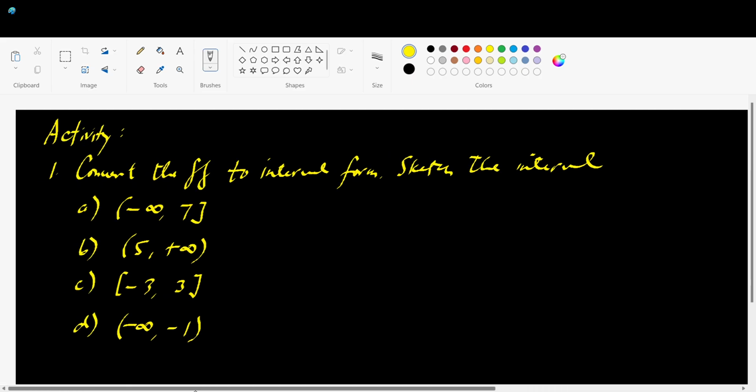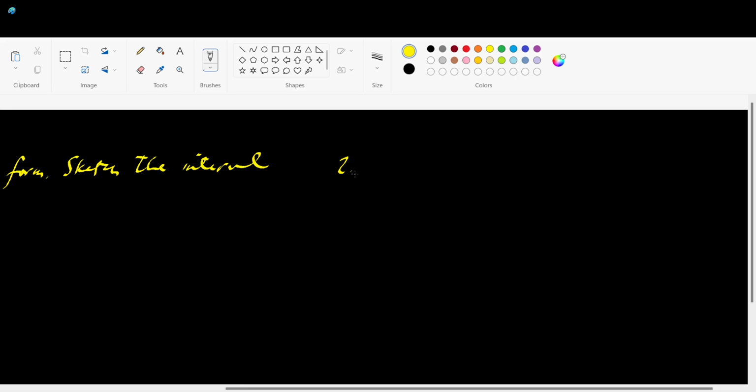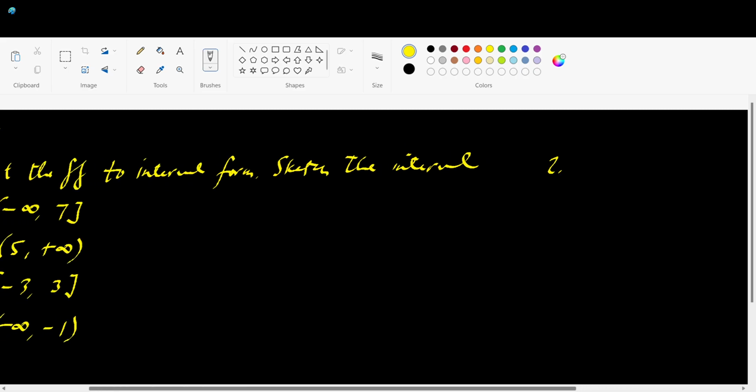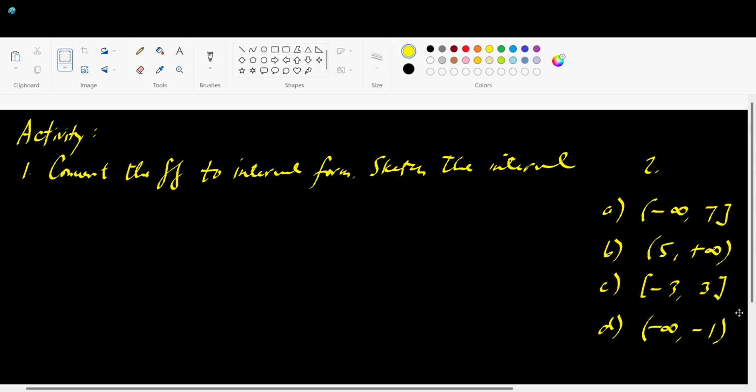Okay, so for the second one, we are to convert the following to inequalities. Sorry, this should be the given intervals for number 2.